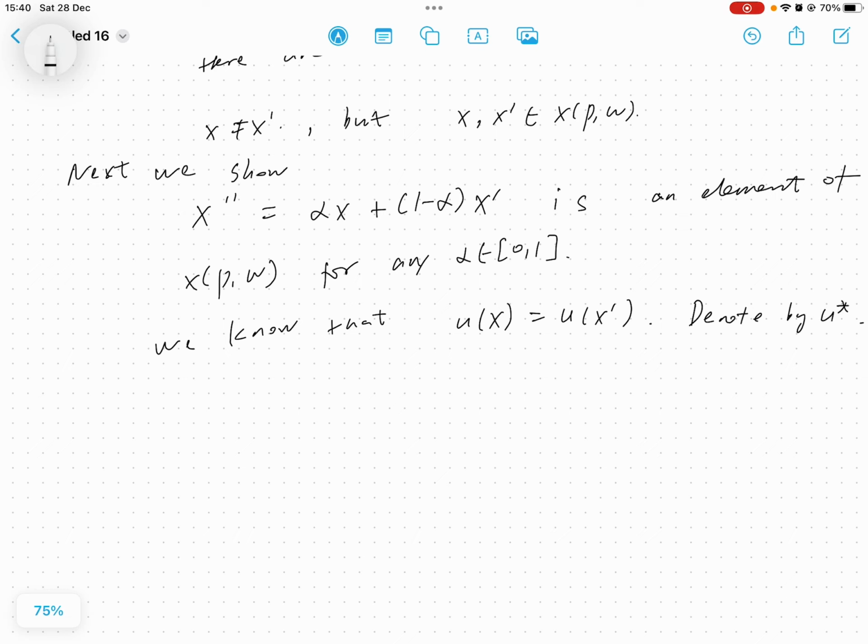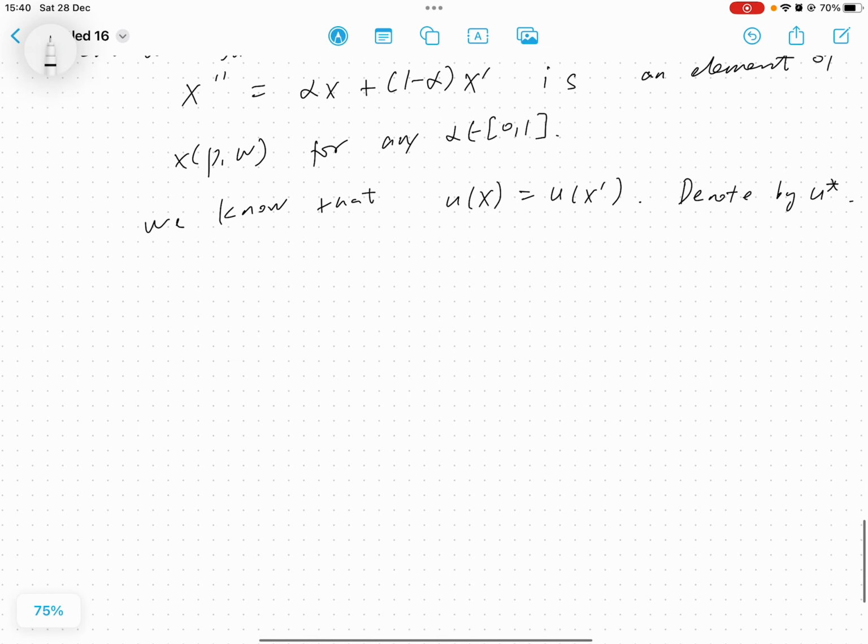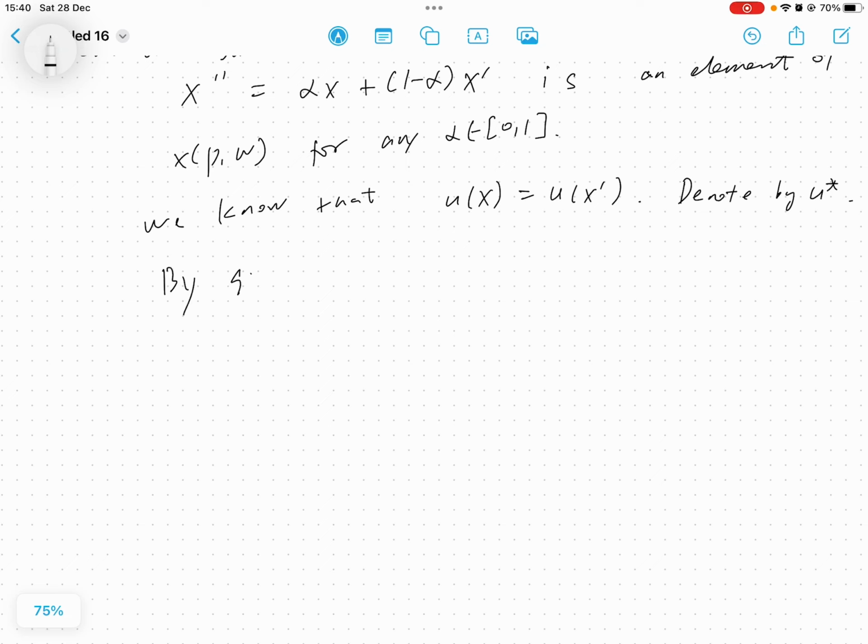Okay, so by the quasi-concavity, this U of x double prime has to be greater than or equal to U star.